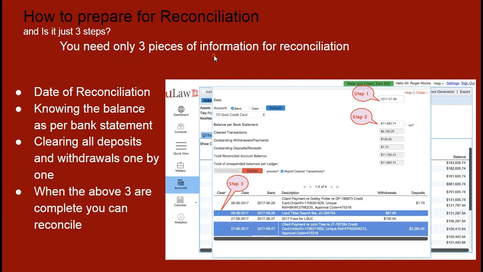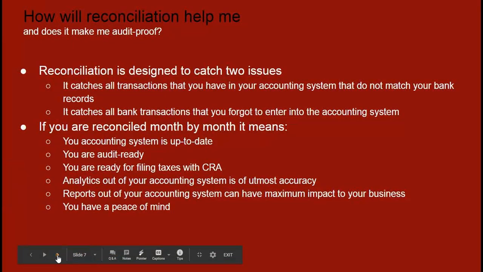So that level of detail is where the bookkeeping system comes in handy. So use the bookkeeping system to tell you the bigger picture of that transaction. Use the bank to tell you the factual numbers and the date when that transaction happened. When you have these three pieces of information ready and available, you are now able to get into that reconciliation process.